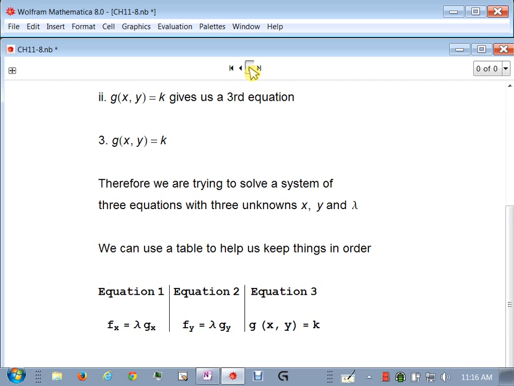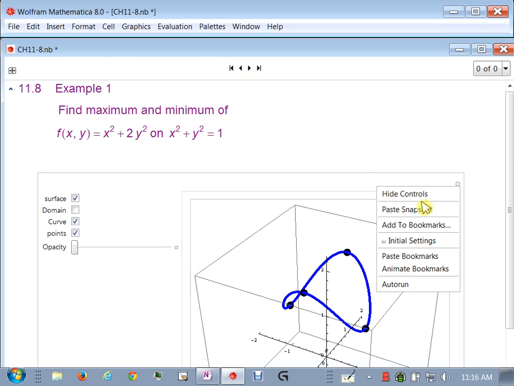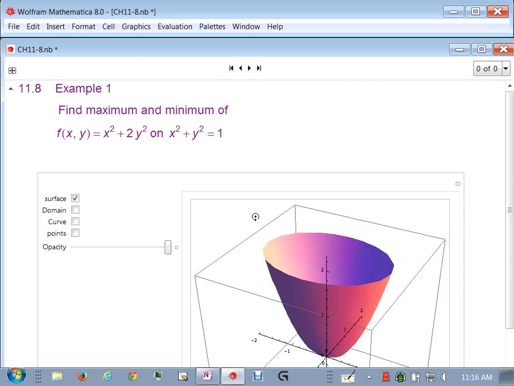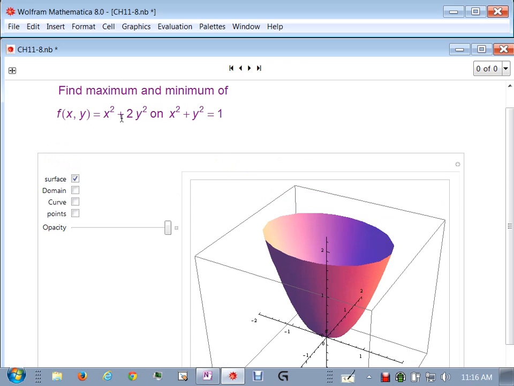All right, here we go. Let's do an example. Find the maximum and minimum values of f of x, y equals x squared plus 2y squared on x squared plus y squared equals 1. So x squared plus 2y squared is like a paraboloid, like this bowl.